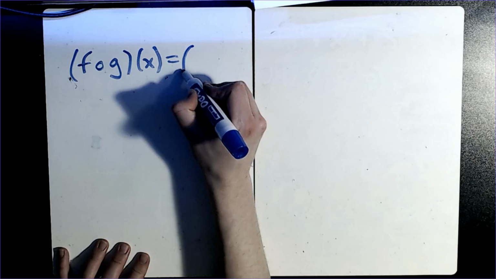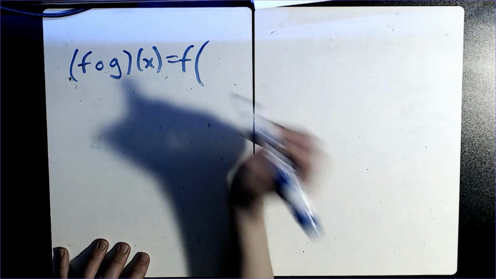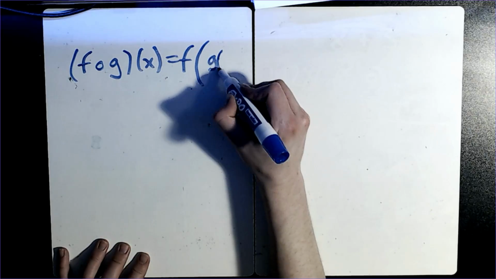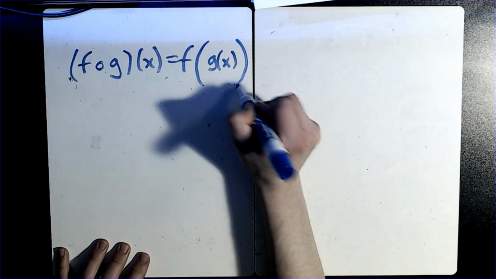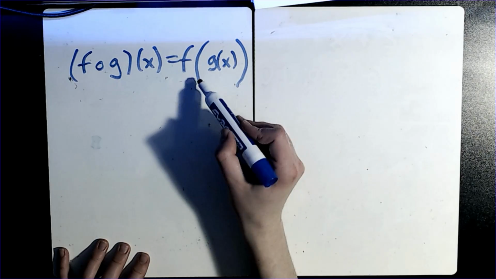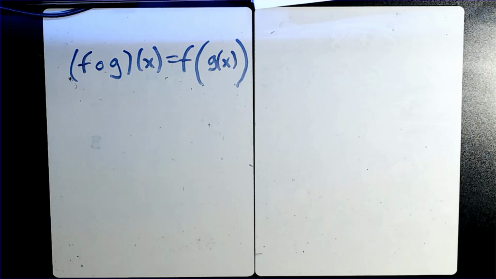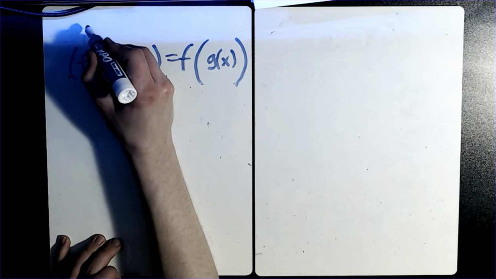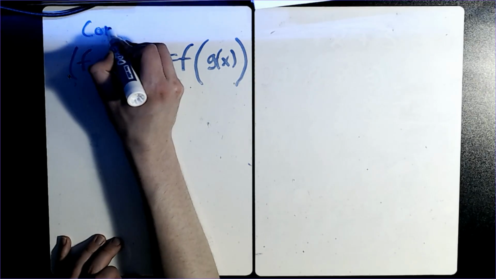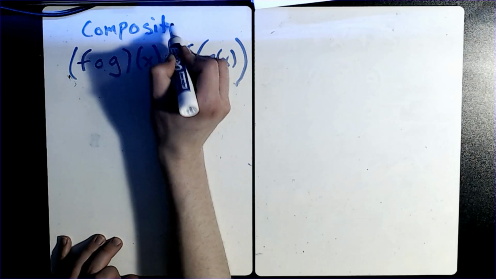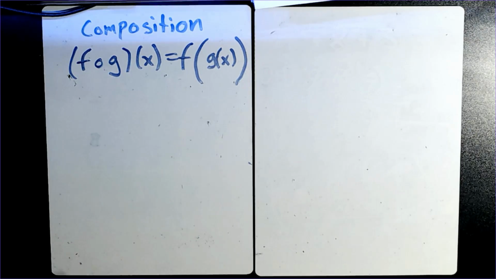So what this turns out being is f of g of x. You take g of x and plug it into f. So that's what is called composition of functions, when you plug one function inside the other.